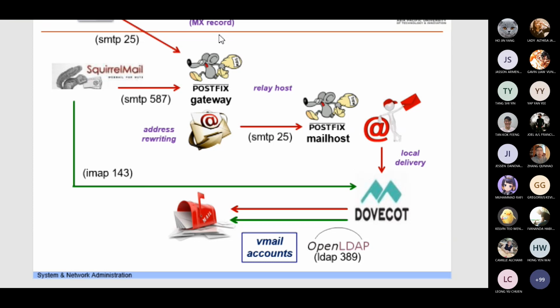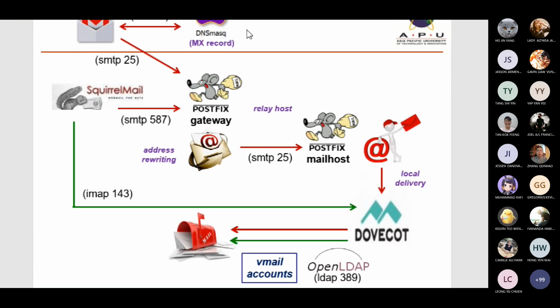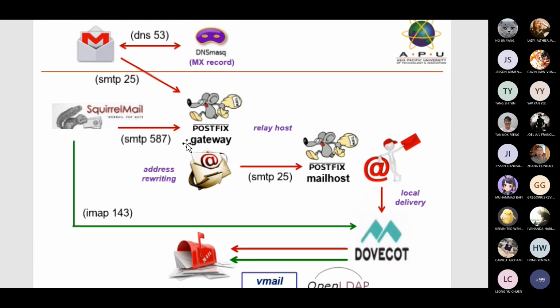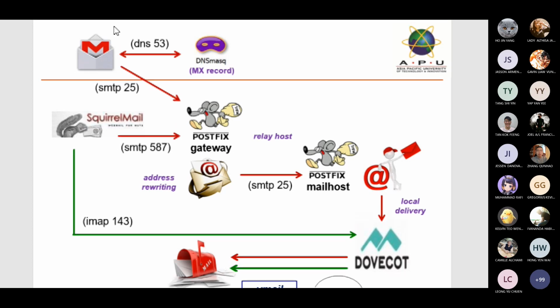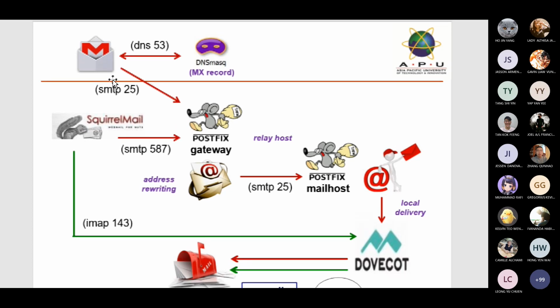If our bridged interface gets an IP address, we could actually send mail to our Gmail account, for example. We won't get it in because Gmail can't access our DNS on the gateway.